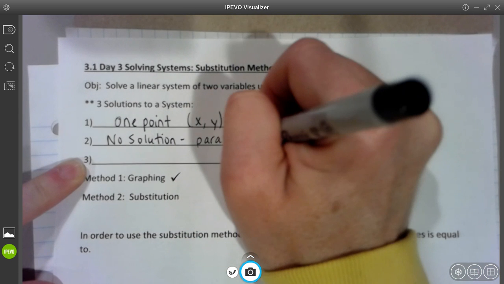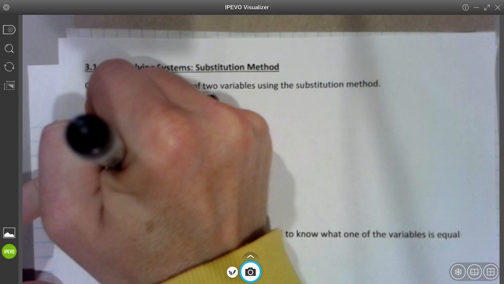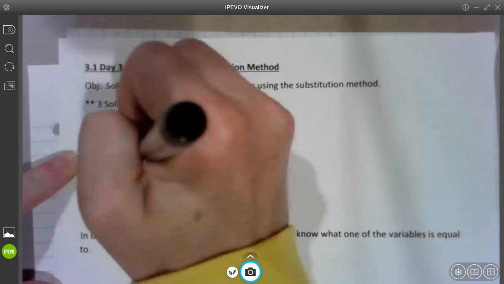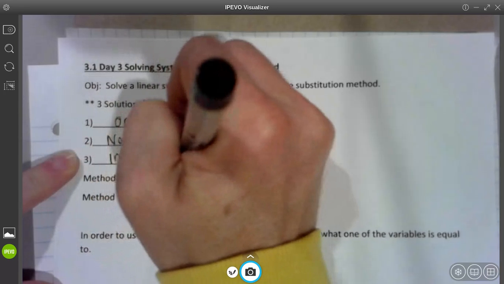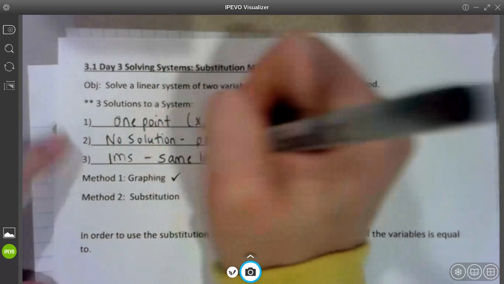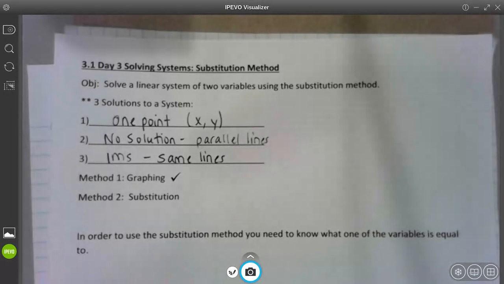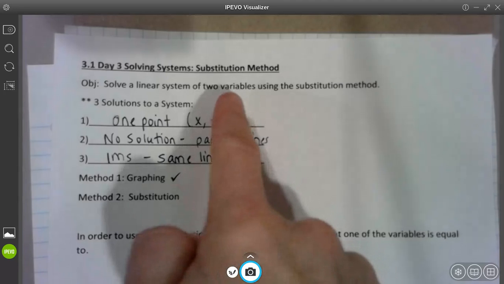Or you're going to get IMS, infinitely many solutions, because they are the exact same line and they have every single point in common. So I just want you guys to realize that these are still the only answers that you're going to be writing down as the answer to your system, even though we're solving it by substitution now, okay?